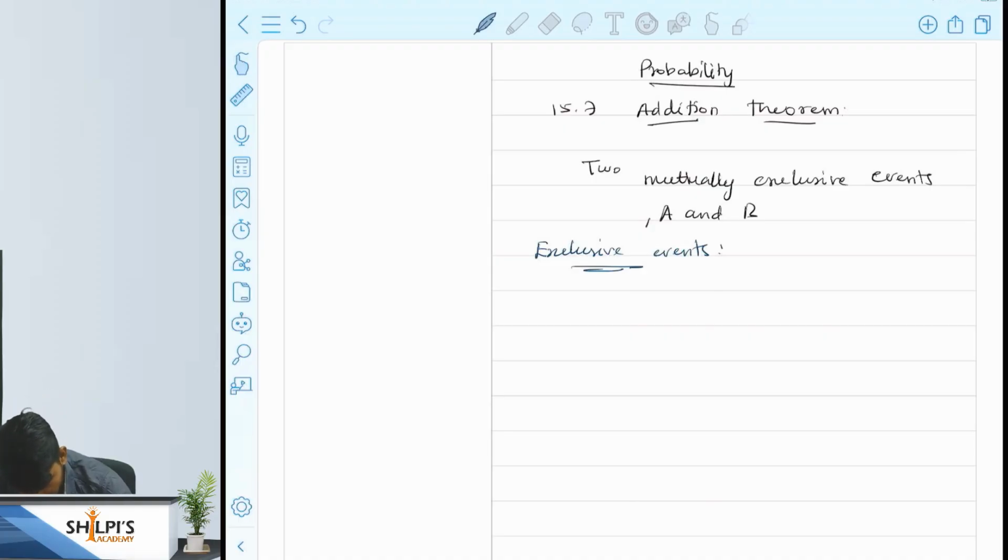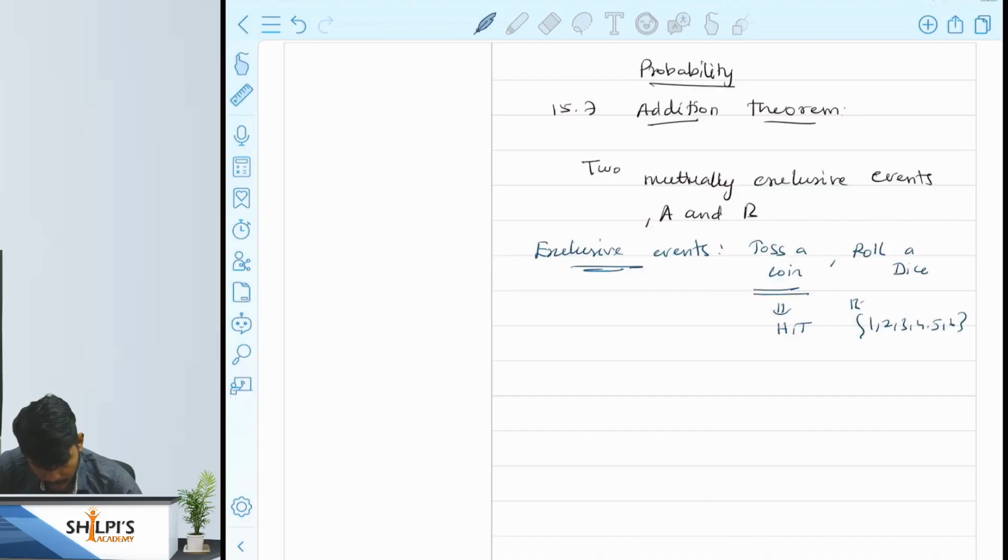For example, I am going to toss a coin and I am going to roll a dice. The possibilities for this event are head and tail. The possibilities for this event are 1, 2, 3, 4, 5, 6, right?